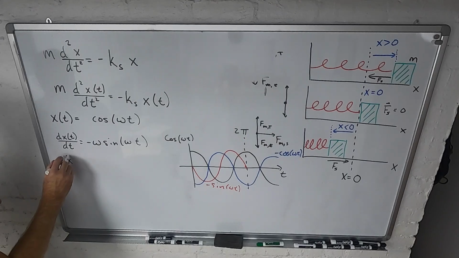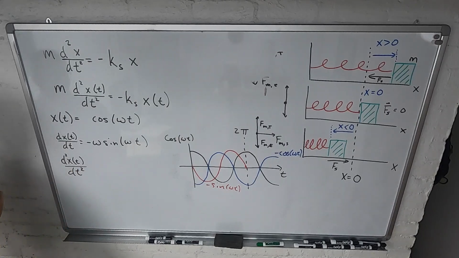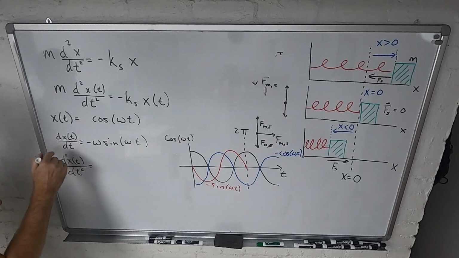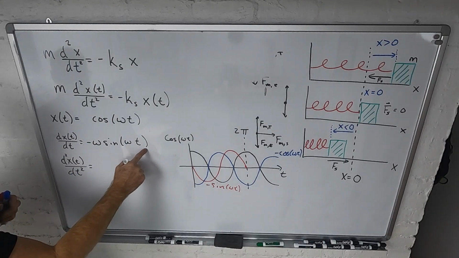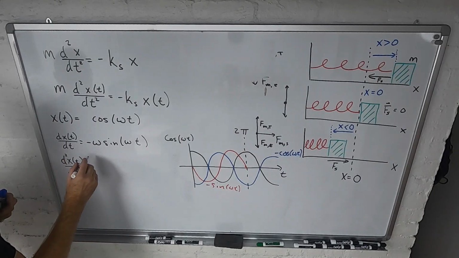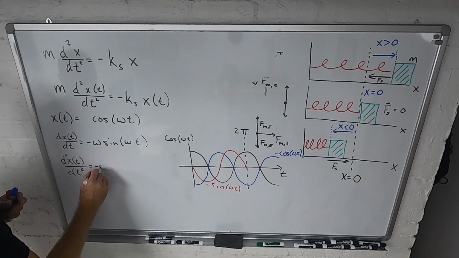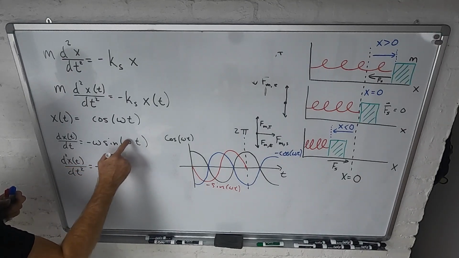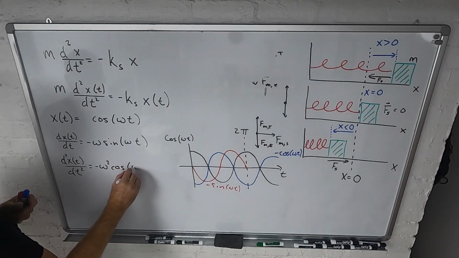The second derivative, d squared x of t over dt squared, is the derivative of this. So that's got to be equal to minus omega squared, I pull another one out, that multiplies cosine omega t.